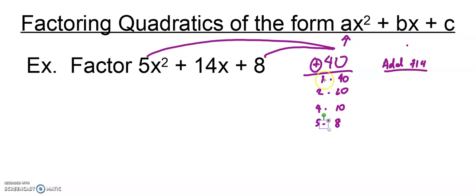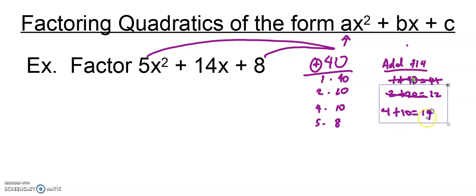Since both numbers have the same sign and I'm looking for a positive 14, they're both positive. 1 plus 40 is 41, that's not it. 2 plus 20 is 22, not 14, so those aren't the numbers. 4 plus 10 is 14. Aha! Since 4 times 10 is 40 and 4 plus 10 is 14, this is the pair that's going to help me factor.